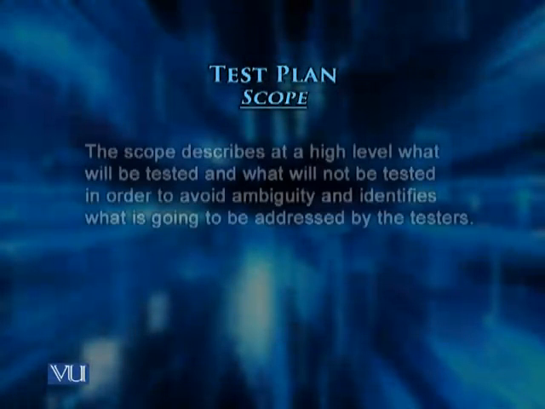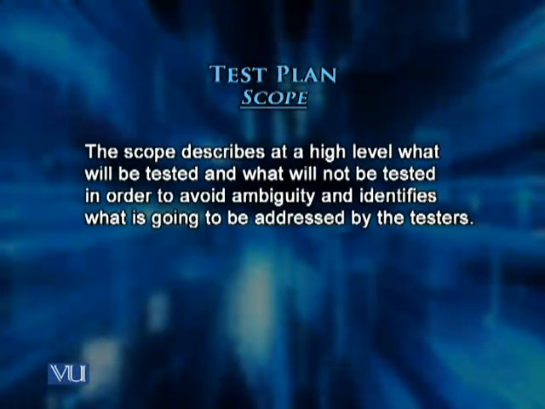So this section basically contains an introduction of the software product that is being tested. The second section is scope. The scope describes at a high level what will be tested and what will not be tested in order to avoid ambiguity, and identifies what is going to be addressed by the testers.